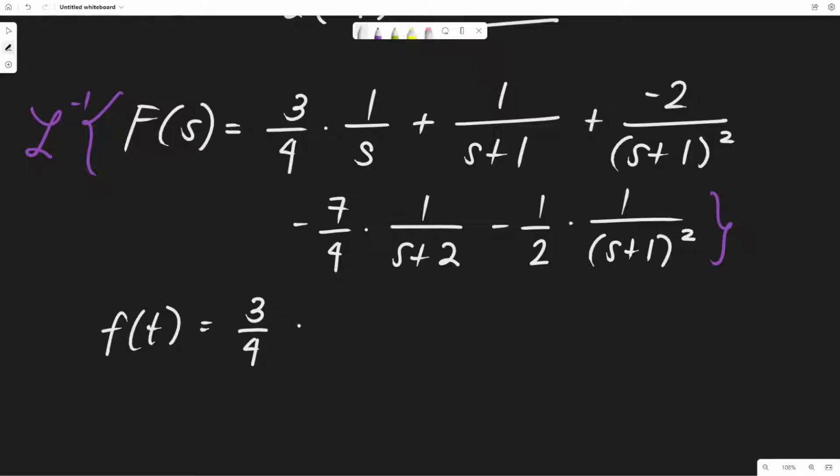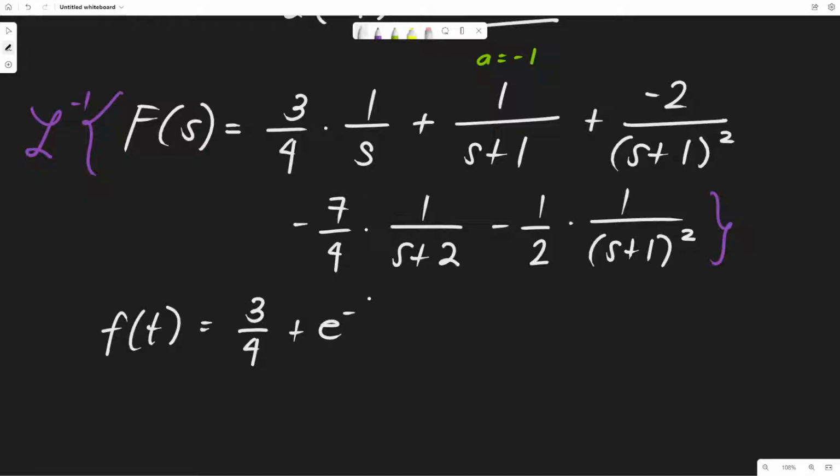So, hindi ko na siya isusulat. Next, plus, what is the Laplace transform of 1 over s plus 1? Diba? This is 1 over s minus a, and this is e raised to at. No? So, what's the value of a in here? So, a is equal to negative 1. So, therefore, plus e raised to negative t.